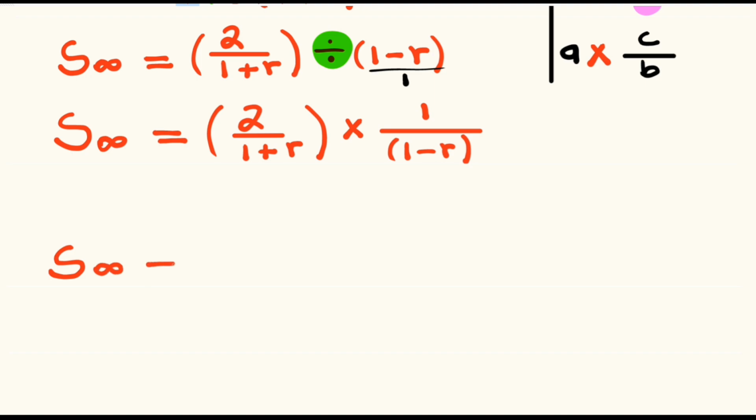Our sum to infinity will be equal to that 2 multiplied by the 1 in the numerator will be equal to 2, and in the denominator we have a result of the difference of 2 squares.